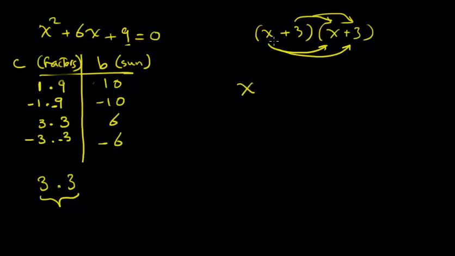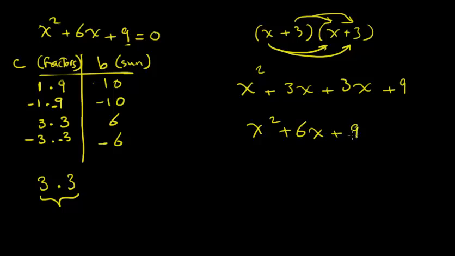So x times x is x squared, plus x times 3 is 3x, plus 3 times x is 3x, plus 3 times 3 is 9. We simplify it, we'll have x squared plus 6x plus 9. So our solution is x equal to minus 3 and minus 3.